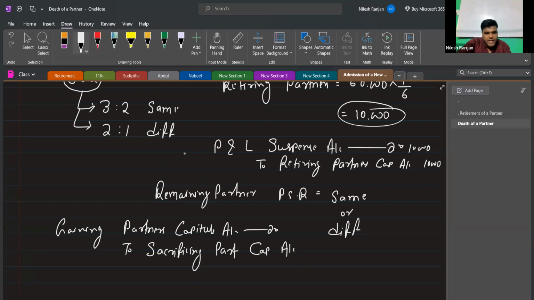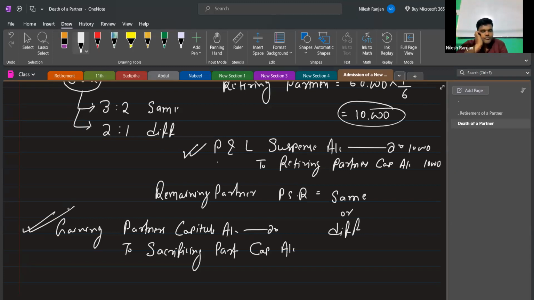So there are two journal entries. If the profit sharing ratio is the same, you will pass the first entry, and if the profit sharing ratio is changed, you will pass this journal entry. So this is the only difference between retirement and death. There is no different calculation in this chapter apart from this.